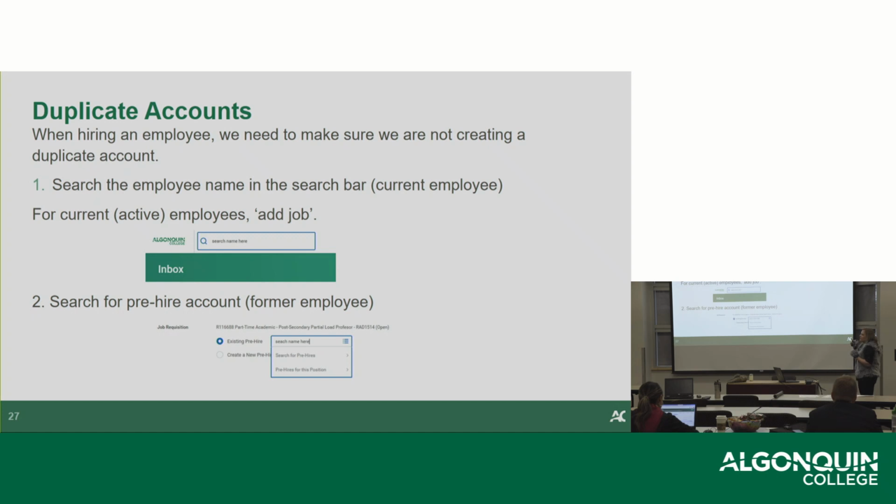The people that'll pop up in this area are those who've been terminated in the past, so they were a former employee. So first search to see if they're active, then to see if they've been terminated, and then hopefully we won't have any more duplicates. If there is an in progress situation, I have heard that that's one area that we're missing as well, but we've asked for Workday support on helping figure that out.